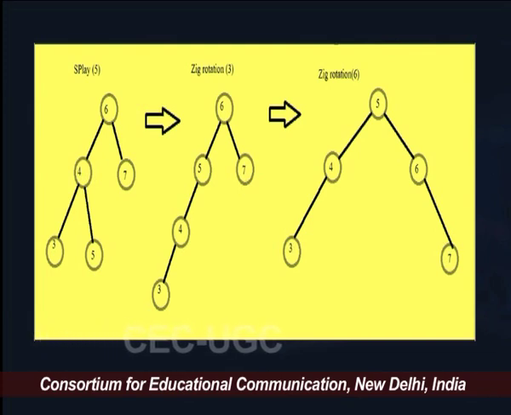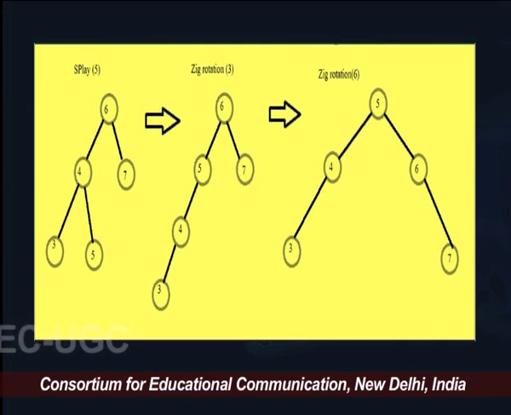After one zag rotation, the situation is that 5 has occupied the position of 4, and 4 has become the left child of 5, while 3 was already a left child of 4, hence the order is also preserved. And after this zag rotation, we need to perform a zig rotation also.